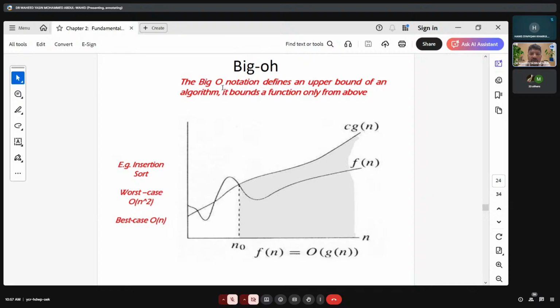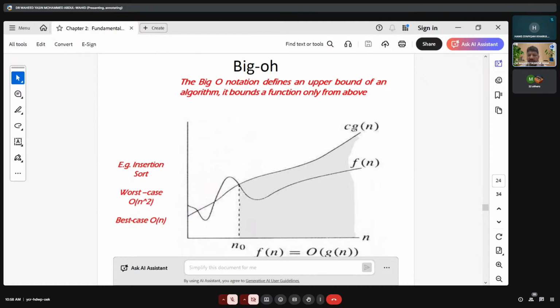The big O notation defines an upper bound of an algorithm. It bounds a function only from above. Okay, so for example, insertion sort: worst case is O(n^2), best case O(n). Okay, this one, c·g(n), this is this O(g(n)).